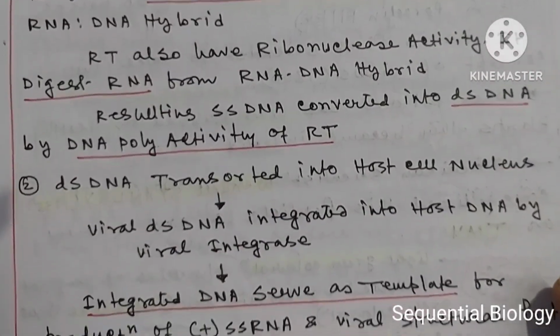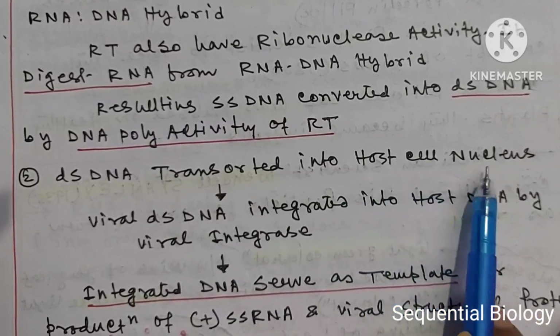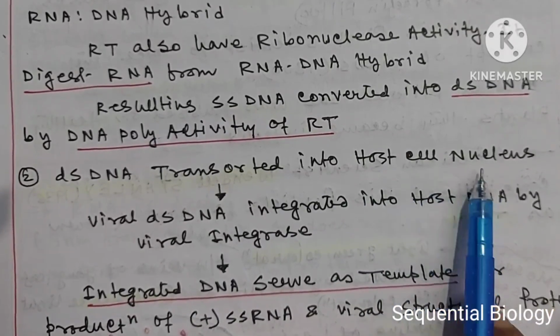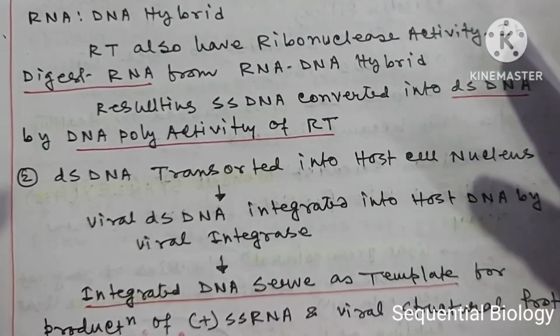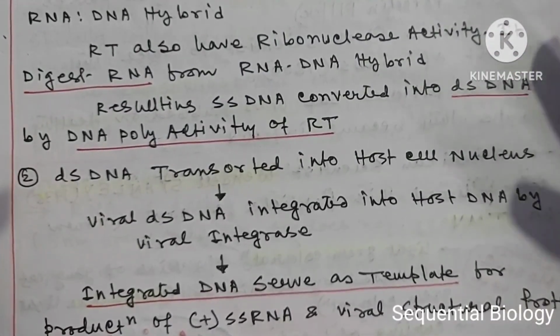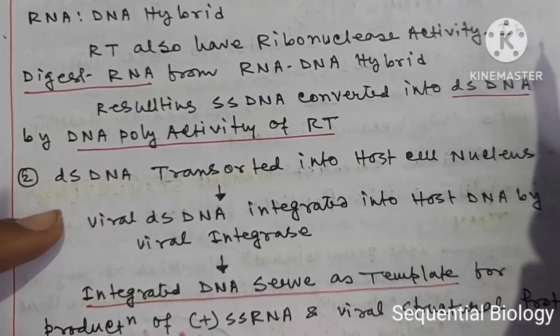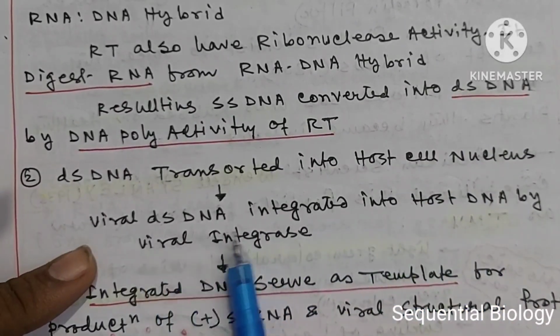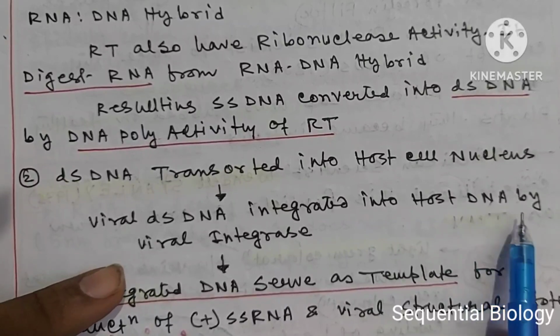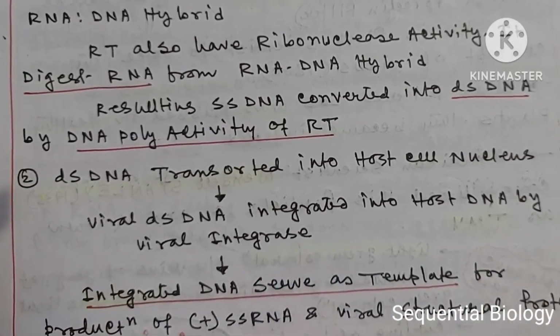The double-stranded DNA is then transported into the host cell nucleus, because the transcription process is usually performed inside the nucleus. The viral double-stranded DNA is integrated into the host cell DNA by the viral integrase.